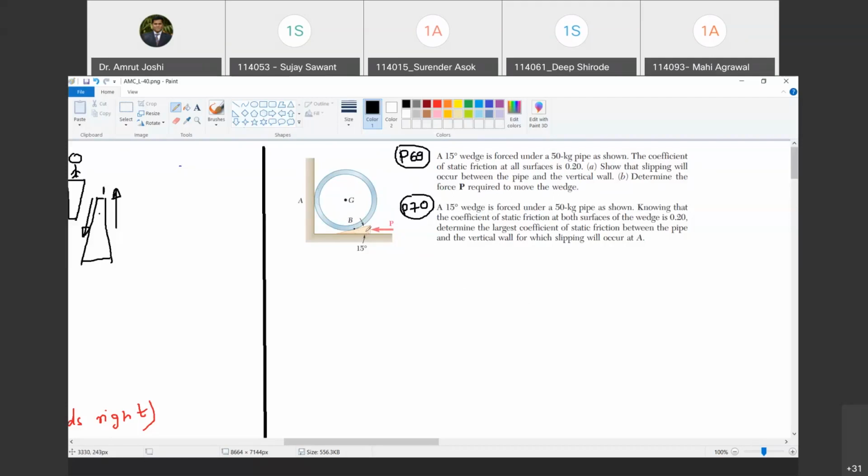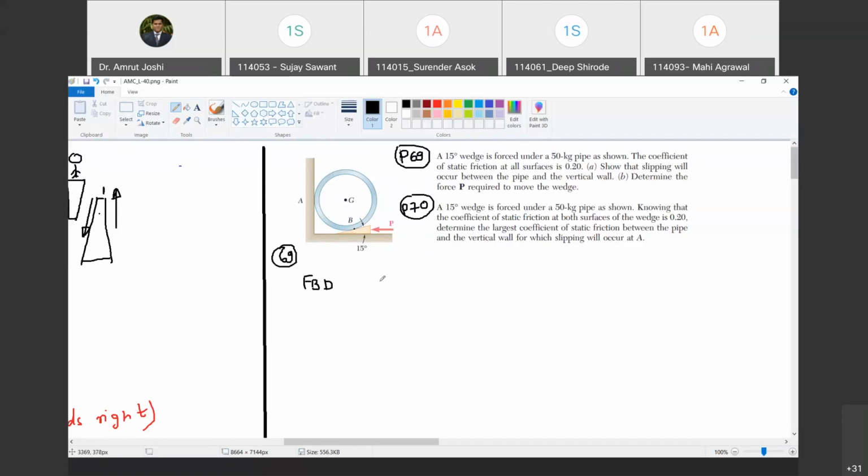In that case, the wedge will move in without this frictional resistance exceeding the maximum frictional resistance. Okay, we will try to put it in different words. Now what we will do first is draw the free body diagram of the pipe. We are solving problem number 69. Are you with me? Yes, sir.